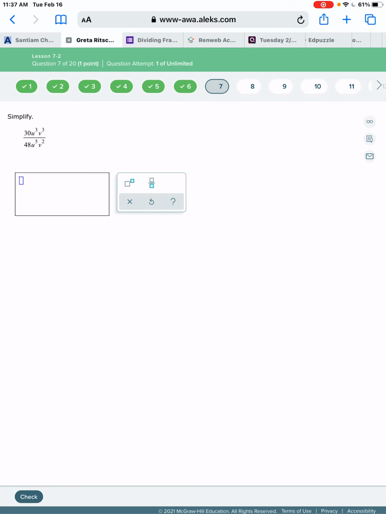All right, 30 u to the third v to the third over 48 u to the fifth v squared. We need to simplify the 30 over 48, and that would give me 15 over 24, but that seems like there's a 3 in there also, so 5 over 8.